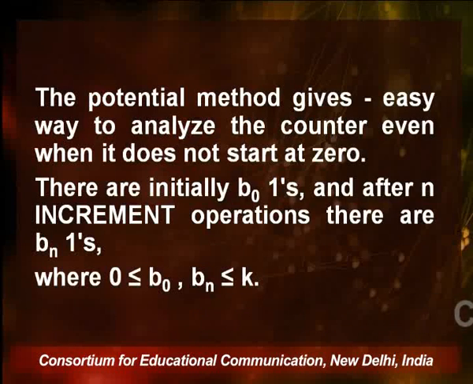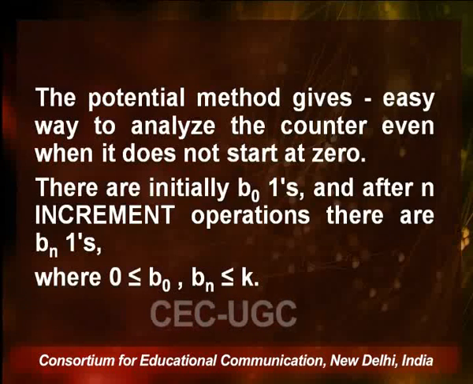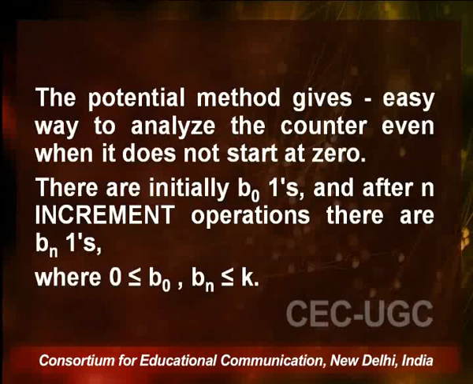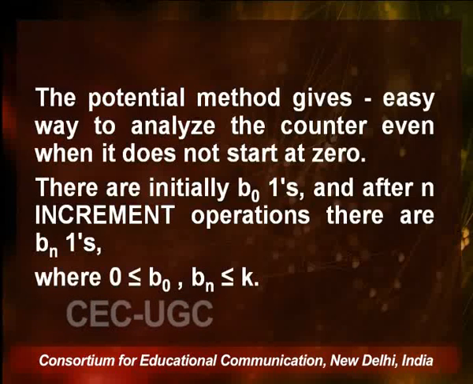But please recall that we have already done a similar exercise, the amortized analysis of a binary counter for the increment operation, using the aggregate method and the accounting method. So, is there any advantage if we use the potential method?